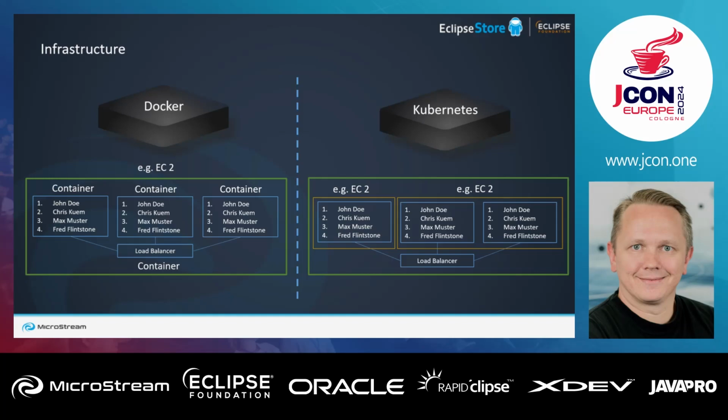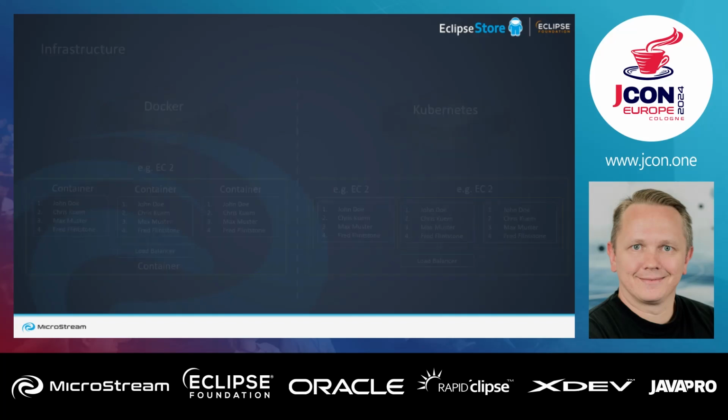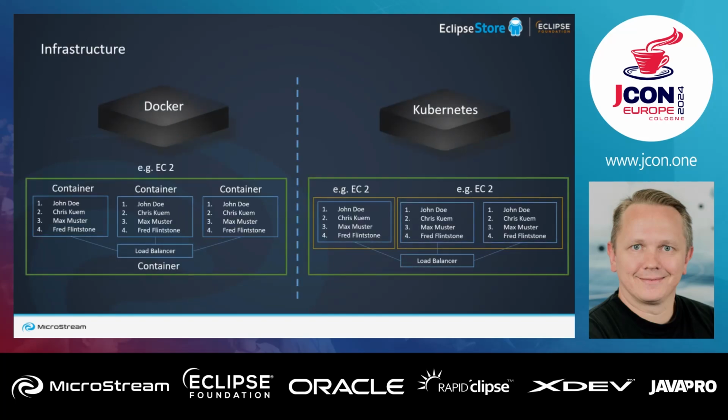You have to add or book EC2 instances to that Kubernetes cluster, and Kubernetes on top handles all the relations between them. Then we have load balancers, and we use containers also like here. But the main benefit of Kubernetes is we are able to handle multiple hardware nodes.